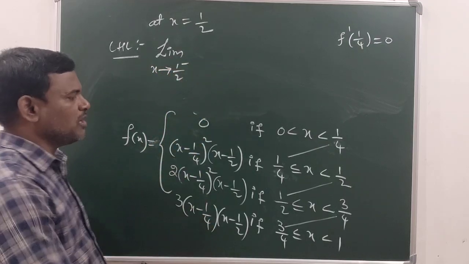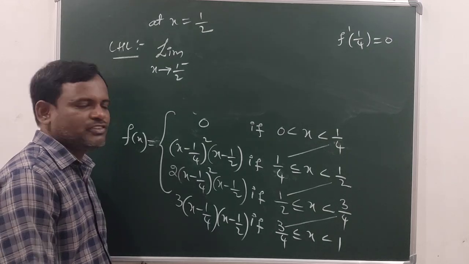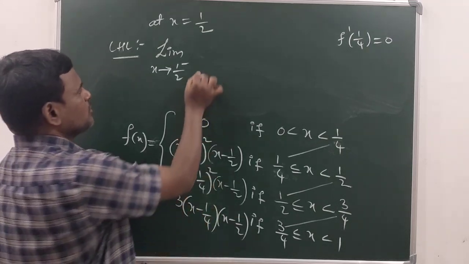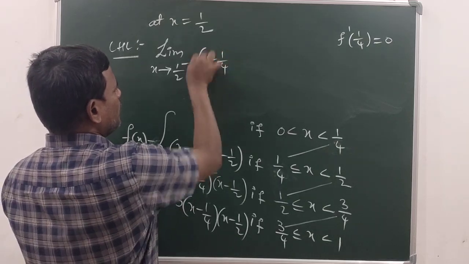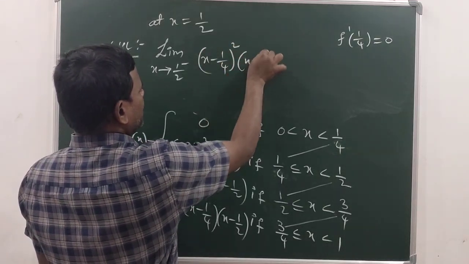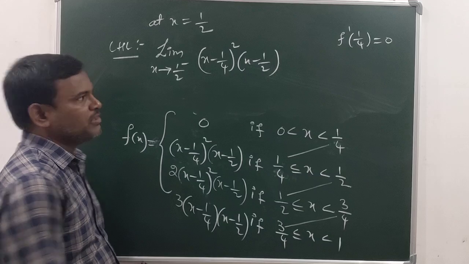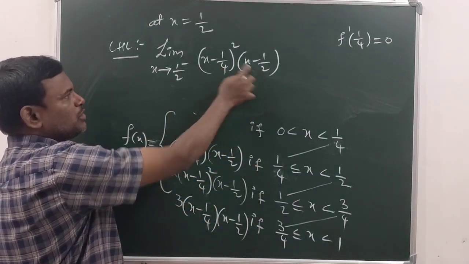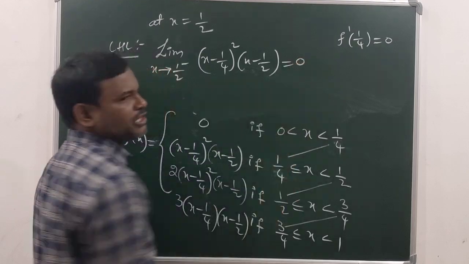So x value is smaller than 1 by 2. Smaller than 1 by 2 means which function you have to prefer, either this or this. It has to be taken. So write (x minus 1 by 4) whole square into (x minus 1 by 2). Now in the place of x, write this 1 by 2. 1 by 2 minus 1 by 2, 0. 0 into something, 0. It is going to be 0.